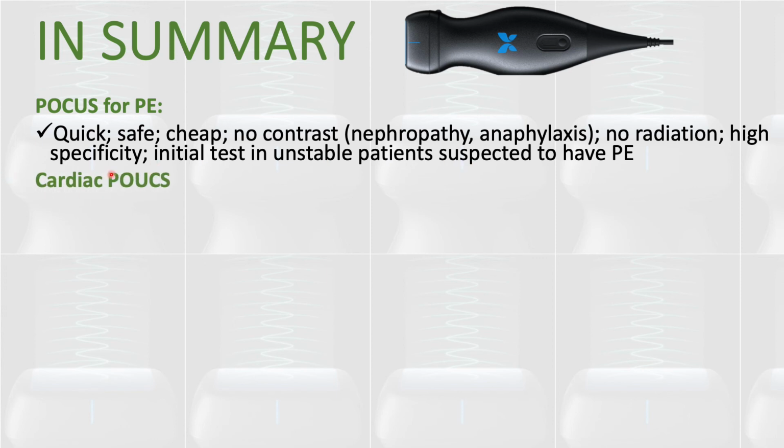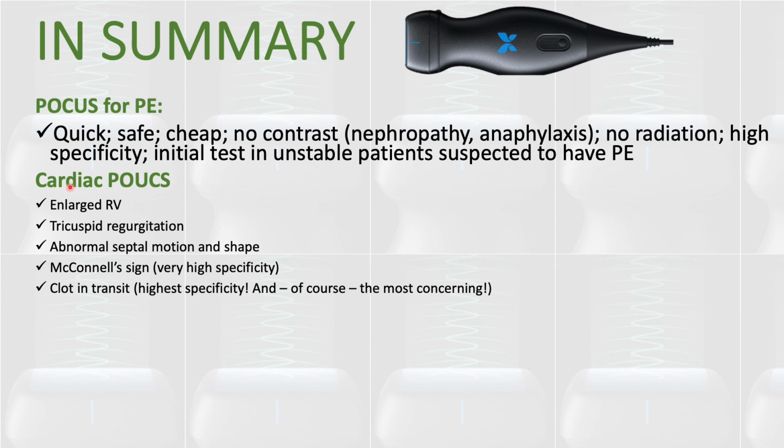Now, the 3 exams that we talked about, or we talked about 2 of them, and the third is going to be in a separate video. The first one is the cardiac POCUS. We talked about the 5 findings that you might look for, including the enlarged right ventricle, tricuspid regurgitation, abnormal septal motion and shape, McConnell's sign, which has a very high specificity, and clot in transit, which has the highest specificity, of course, but unfortunately it could be really concerning.